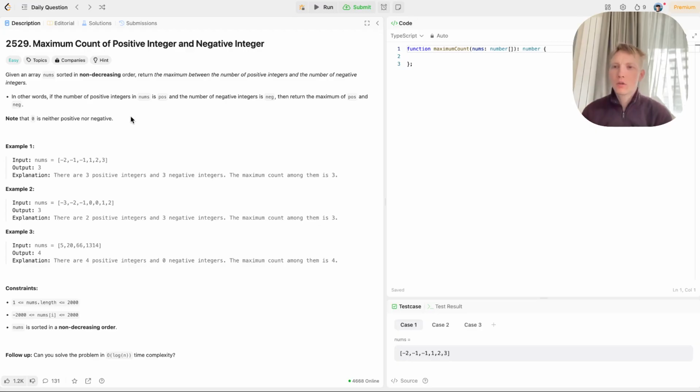Okay, I believe that we should use a binary search here to speed up this solution. This is how we should find the index of the last negative and the first positive integers.